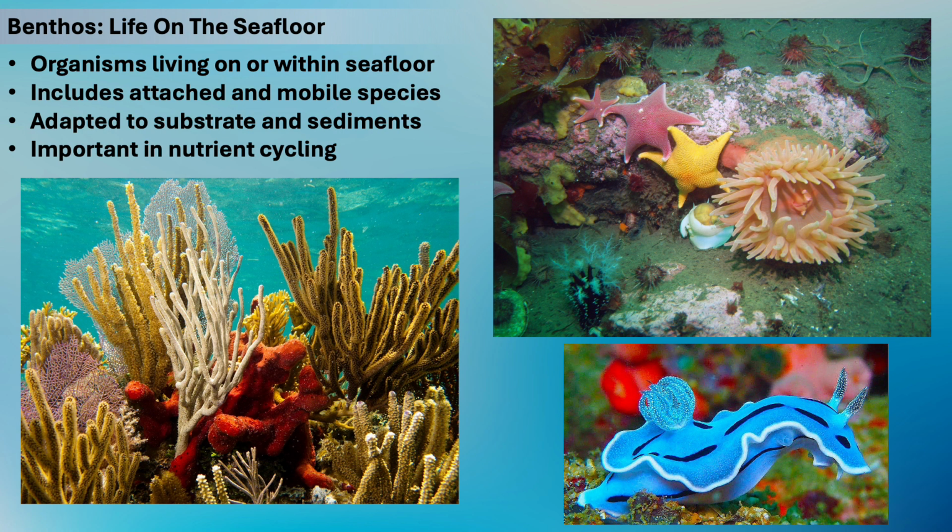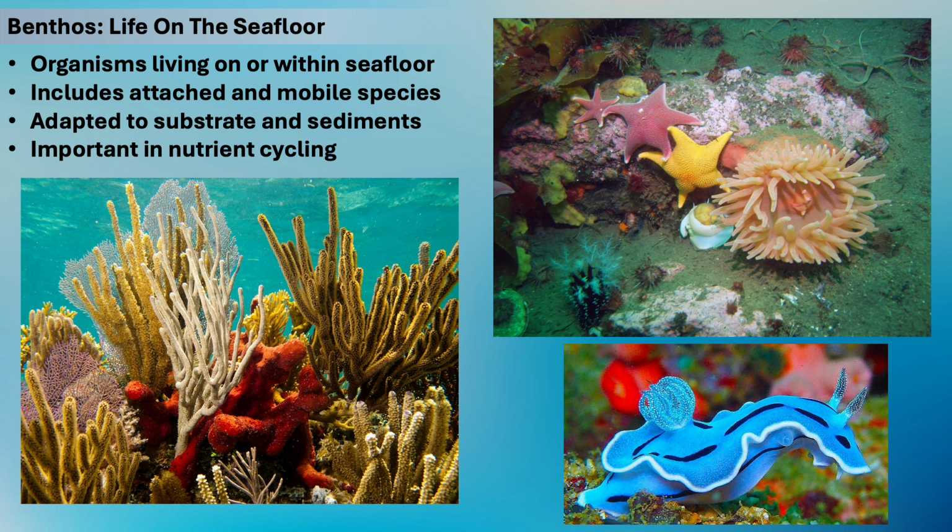The benthic environment plays a critical role in ocean ecosystems because many important biological and chemical processes occur there. Organic matter produced in the upper ocean often sinks toward the seafloor, providing a food source for benthic communities.